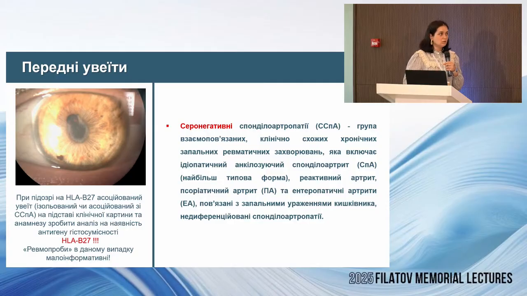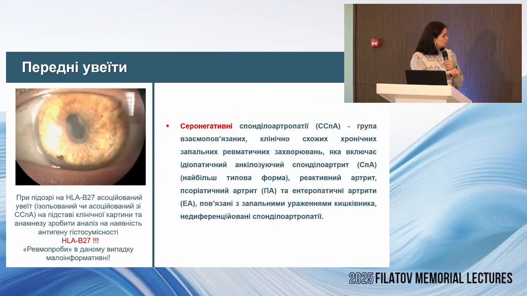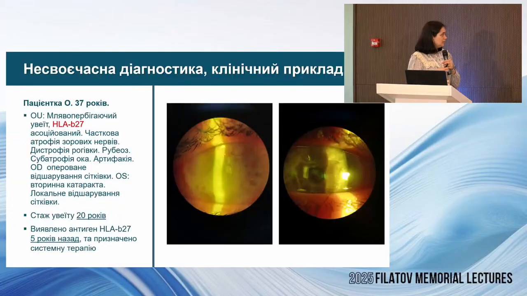Why are they called seronegative? Because they are seronegative as to the rheumatoid factor. If we prescribe rheumatic samples to these patients and results are negative, it's a normal situation because HLA-B27 will be positive.